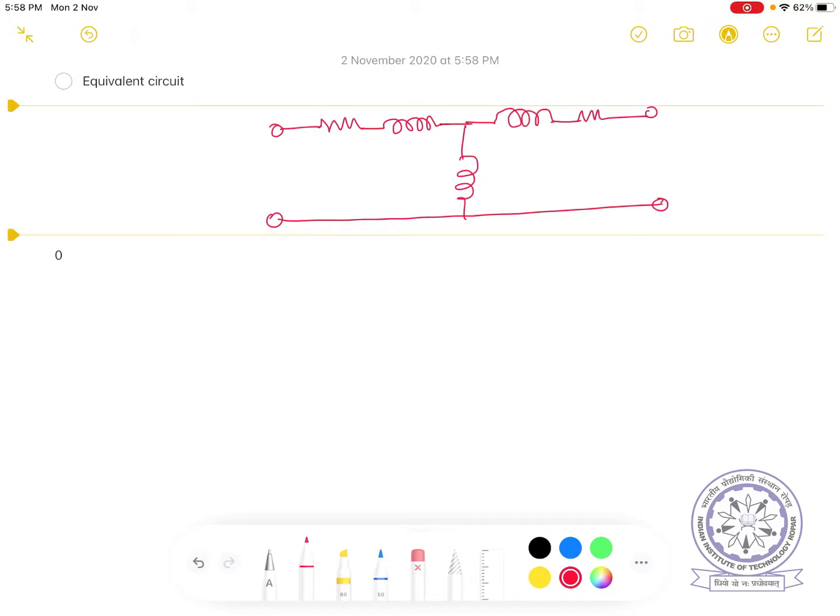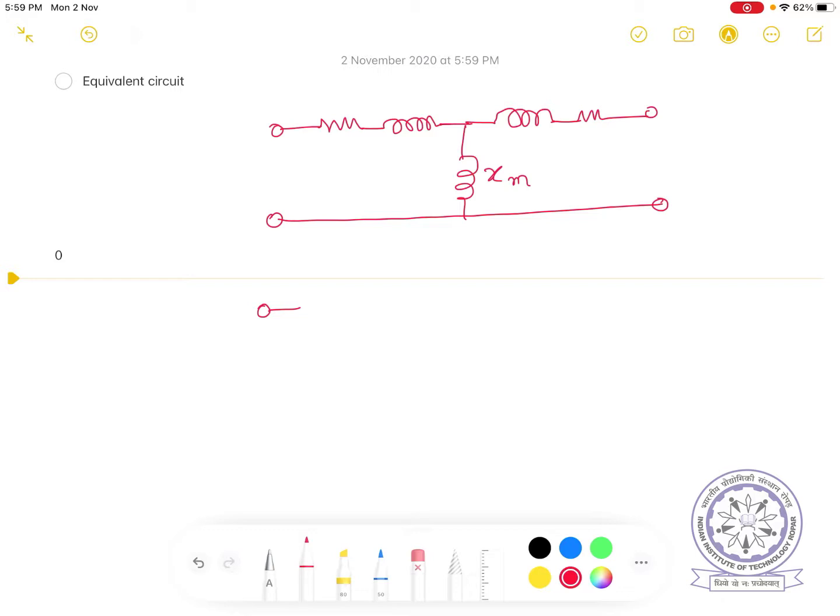Now for accounting the core losses, here in the shunt branch you see only a magnetizing reactance, but for accounting the core losses we use a resistor also. It is just for accounting. The resistor does not physically represent core loss. It is not an actual physical resistance, but we use the resistor to represent core losses.